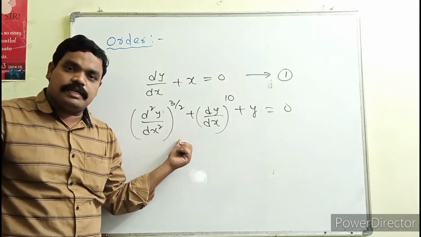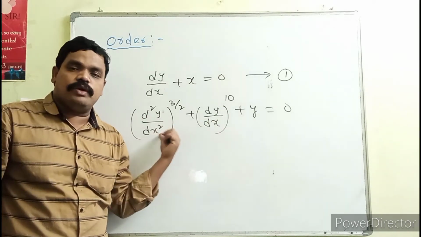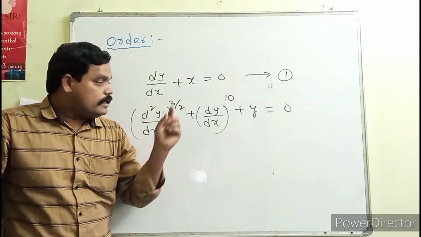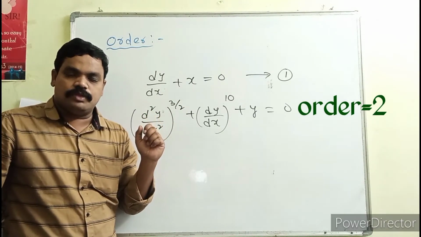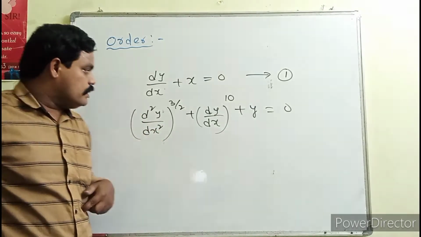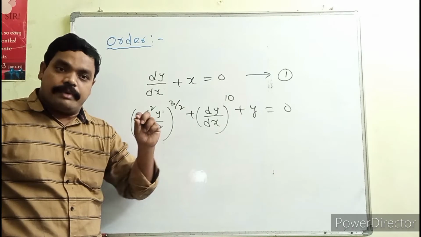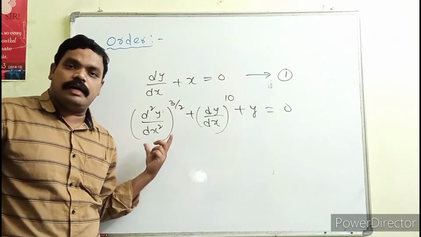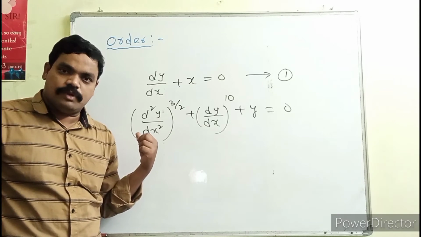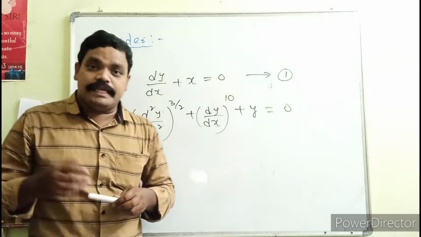Here we differentiate y with respect to x 2 times. So which one is higher? 2 is higher. Therefore, the order of this equation is 2. Do you understand? This is order. Means simply the number of times we differentiate y is called the order. Okay, ma? Next.